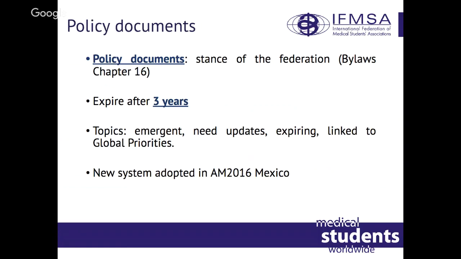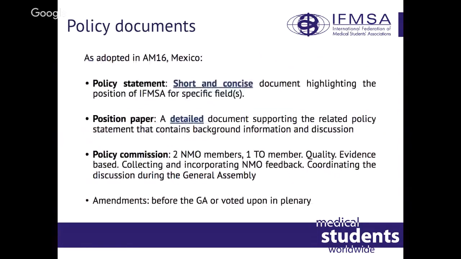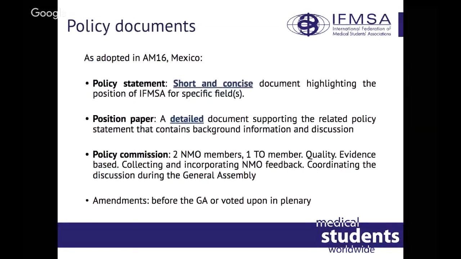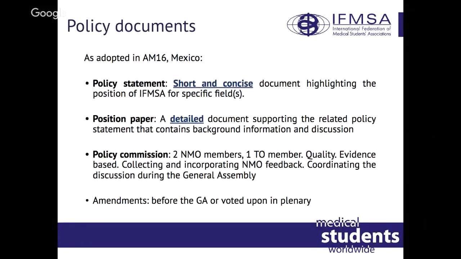As adopted in that meeting, a policy document is composed of a policy statement and a position paper. A policy statement is a short and concise document that has the important position of IFMSA for specific fields, and it has all the calls to action for the relevant stakeholders for that specific topic.